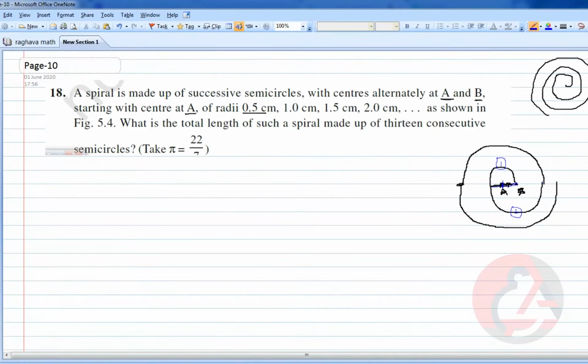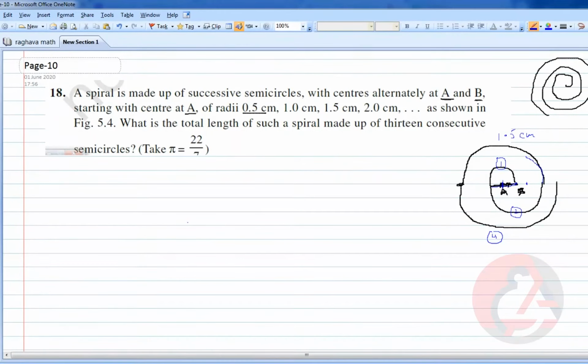This is the third semicircle where the radius is 1.5 centimeter. This is the center of this third circle. The fourth semicircle has radius 2 centimeter. So these are the radii of the semicircles.